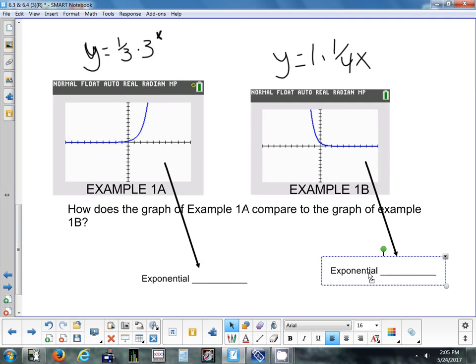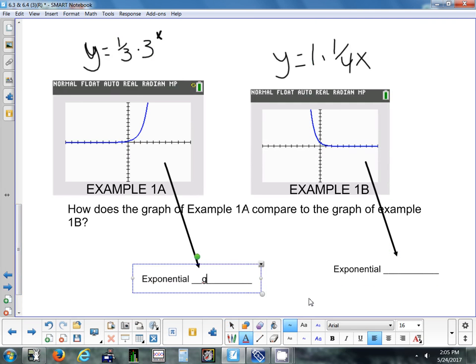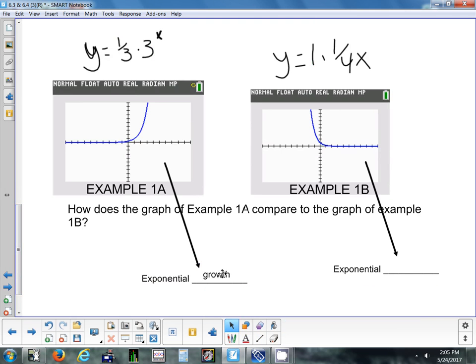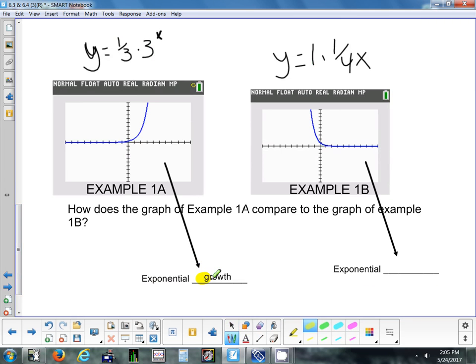Now, this one is what we're going to talk about today. It goes in a negative direction, or we could say that it's starting here and falling. You've got to think of it going this way, guys. It's falling down to the right. So this is exponential growth, and this is what we're going to be talking about more today: exponential decay.